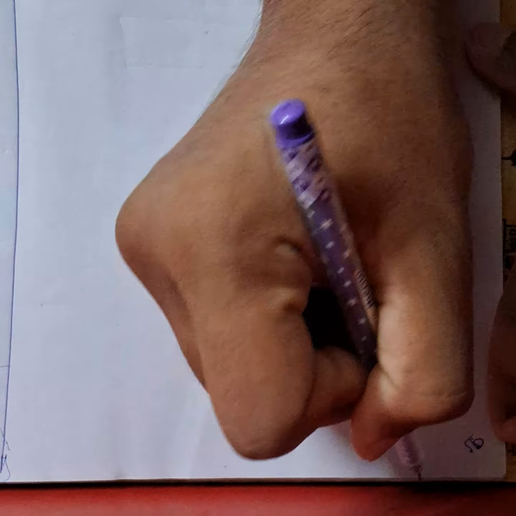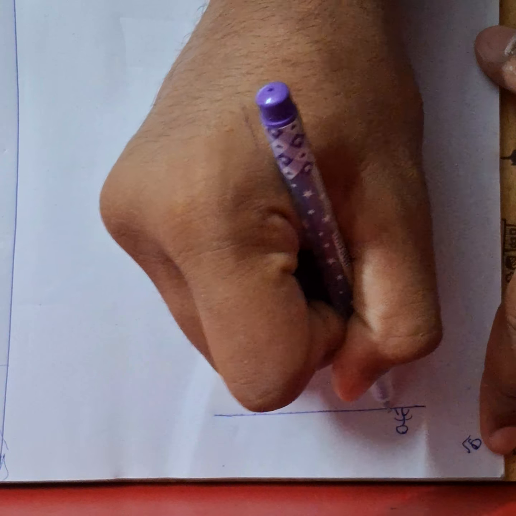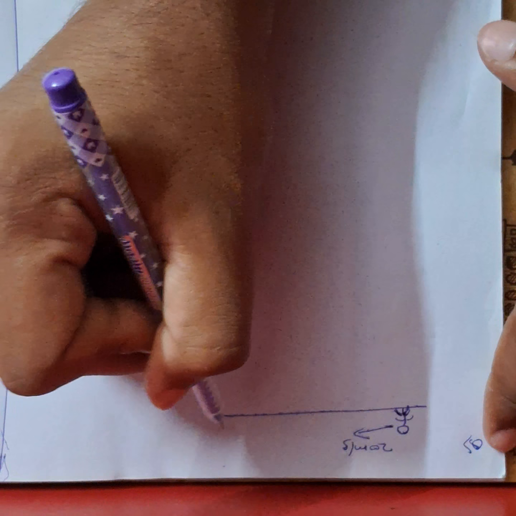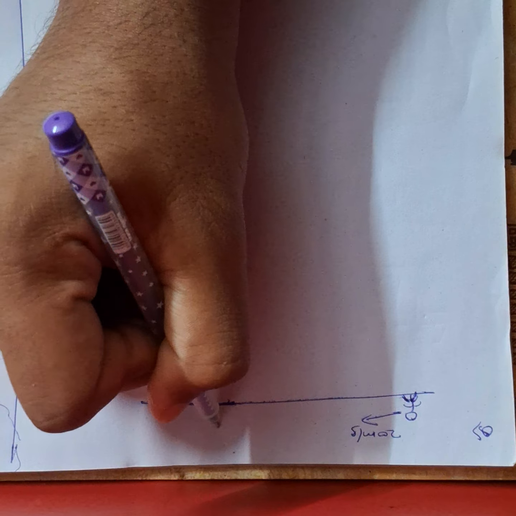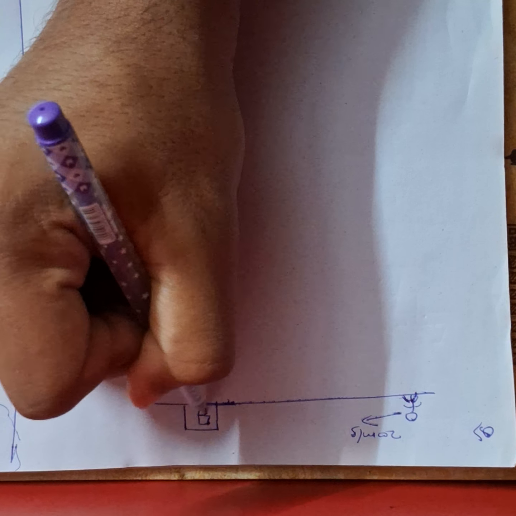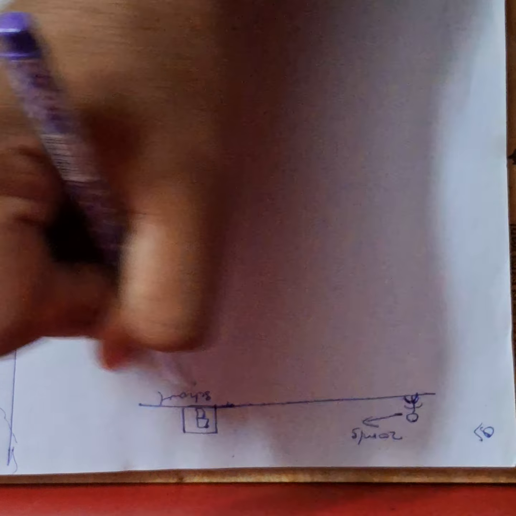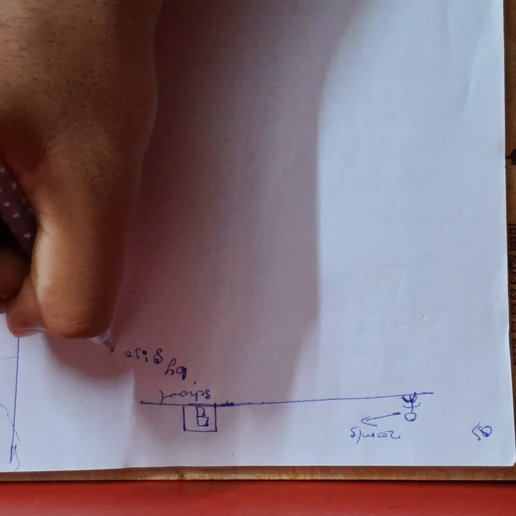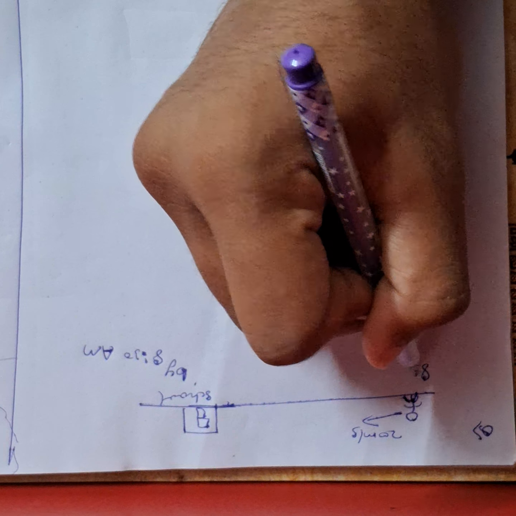Try out this new problem. A person is walking on a road with a speed of 20 meter per second, and he has to reach school by 8:30 a.m. in the morning.